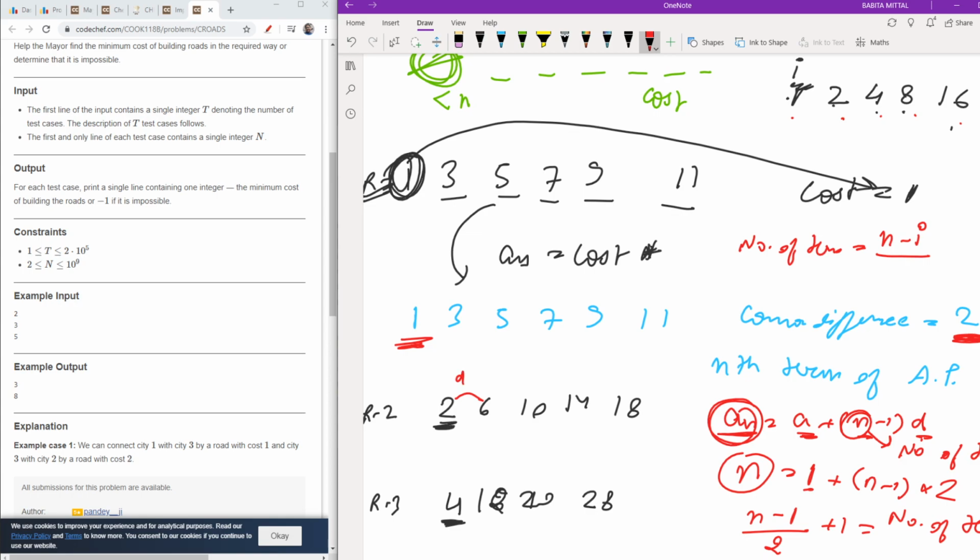As you can see, the d here is 4, the d here is 8, and in the earlier one the d was 2. So the d is 2 into the first term. The d is 2 into 1 here actually. So I will write 2 into i here, and now plus 1.